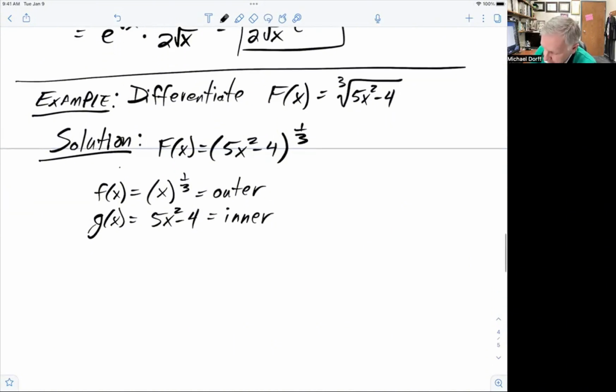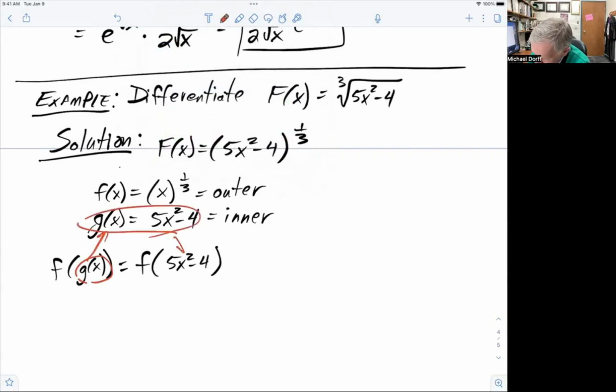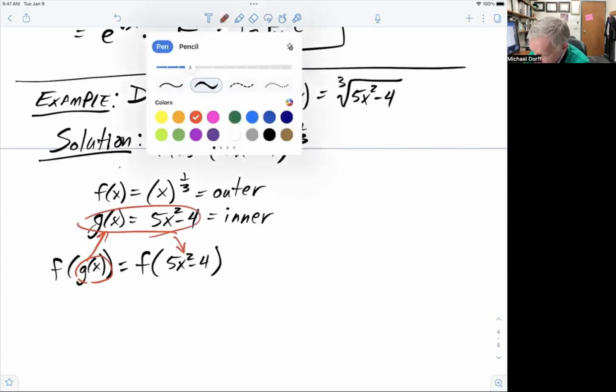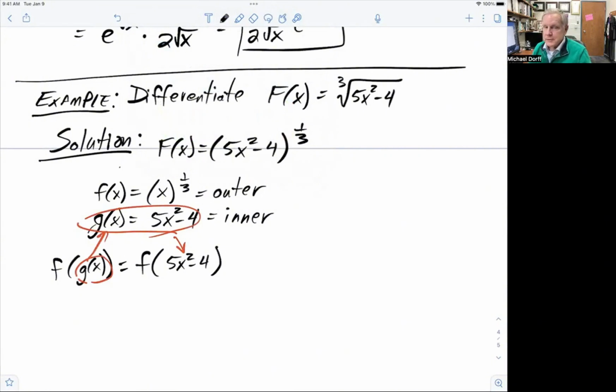And I can check, you don't have to do this every time, that if I compose those two functions together, I'm going to have f, and then inside of f, I'm going to put in what g is. So again, I go from here, up here, and then there. You don't have to mark this. I wouldn't do this normally, but I'm just trying to make it clearer for everybody.